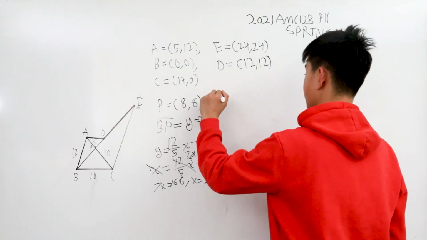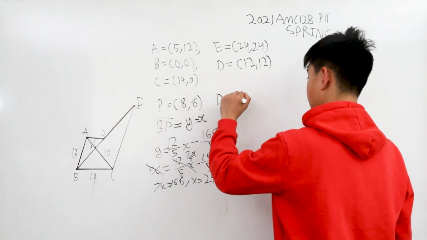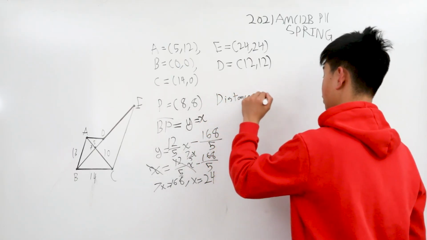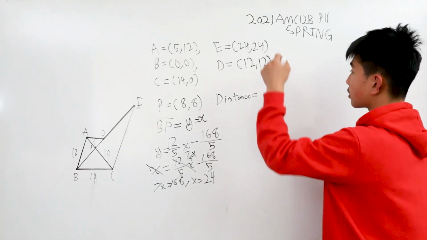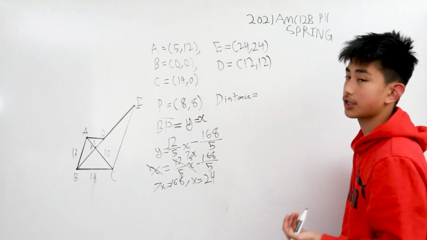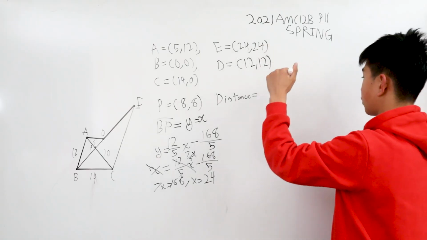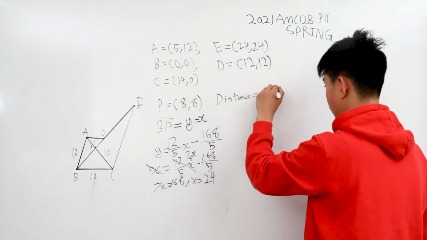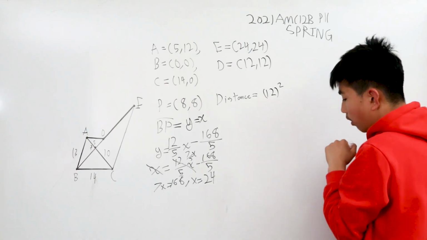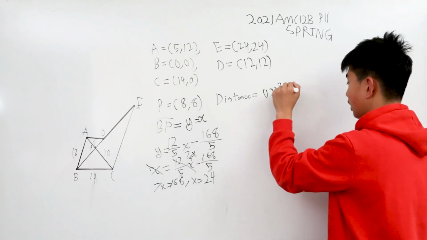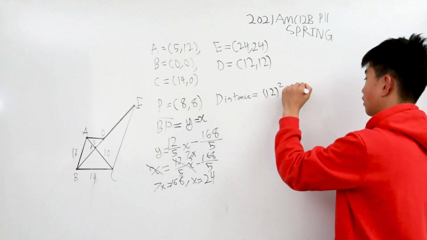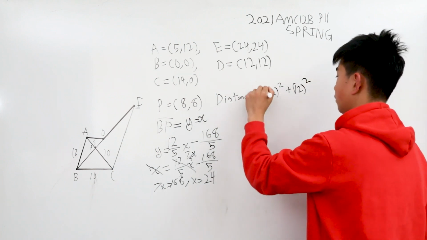So the distance is equal to, well, the distance formula is subtracting y1 from y2, so 24 minus 12 is 12, and then you square it, and then you do the same for x. Since they're the same, you just take the square root.